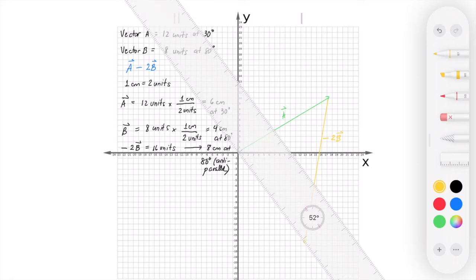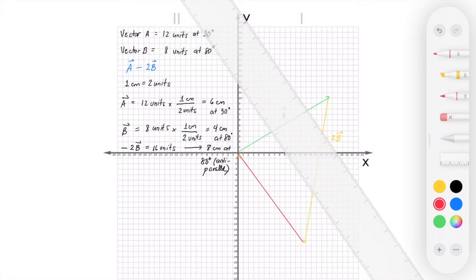So if I'm going to measure it, it's around 1, 2, 3, 4, 5, and 6. So that is around 6.1 centimeter. So the resultant vector, that is 6.1 centimeter.